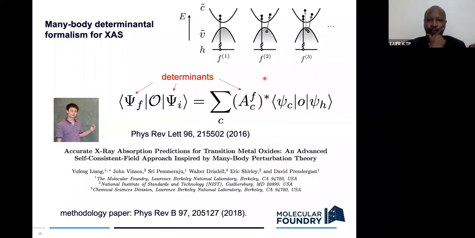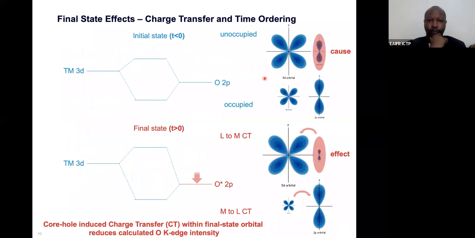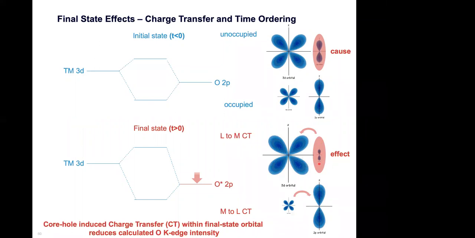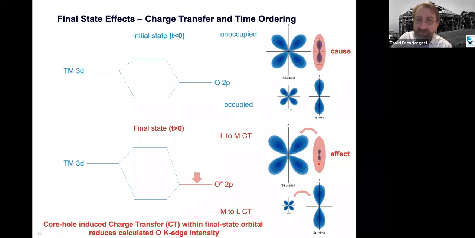If we cause the effect, so we make the core hole in delta SCF, we have altered the electronic structure, and so now it's too late to ask how probable those transitions are, because they've already happened. The change has occurred, and in this particular example, it has reduced the intensity on that excited atom. So that's why the intensity is so small. Okay, hopefully that answers your question in a short space of time.